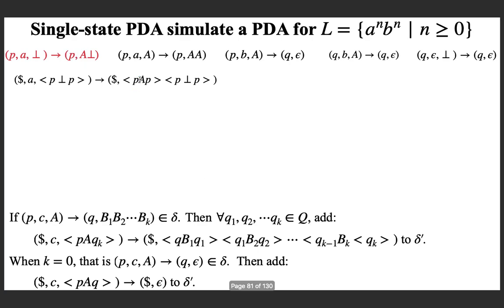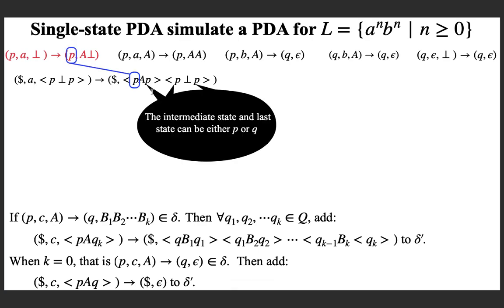And we know one more thing, which is that whatever be this intermediate state, that can be any possible state. So, you have to try all possibilities of P and Q in these positions. So, you have to add all those transitions. So, this intermediate state can be either P or Q, and the last state can be either P or Q.